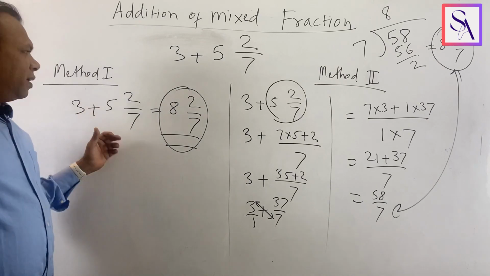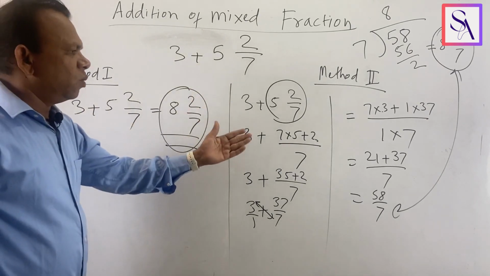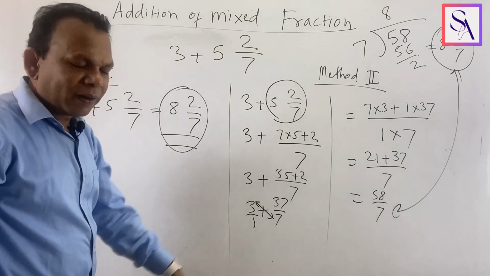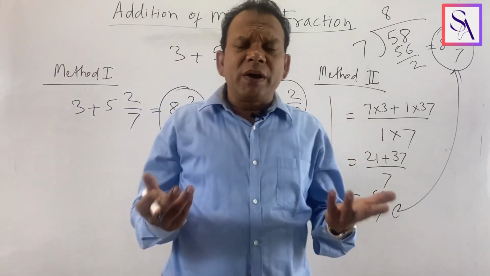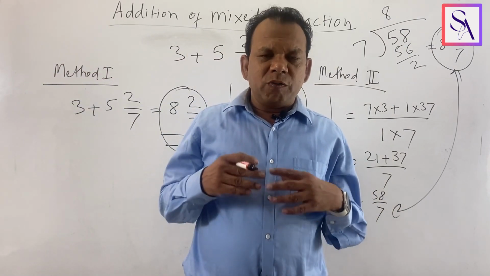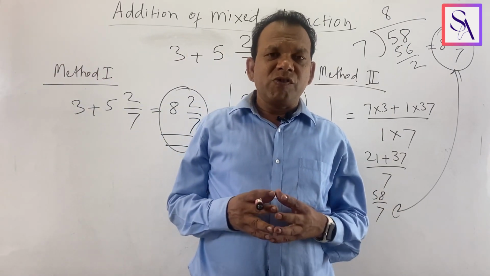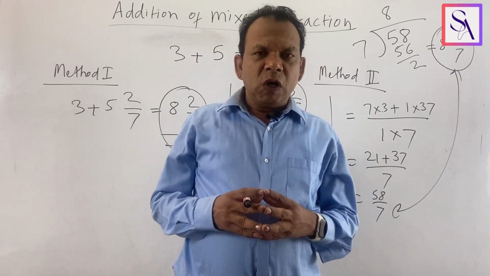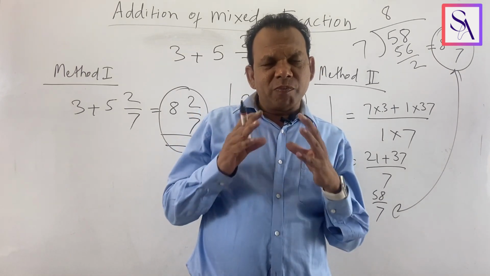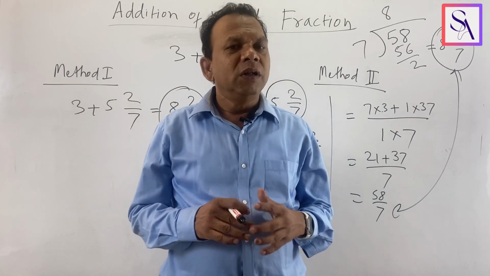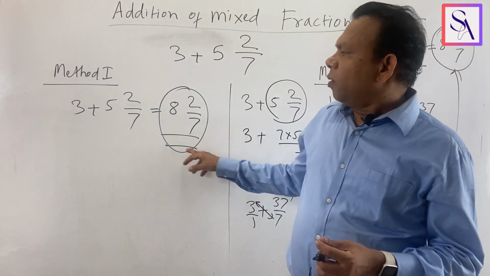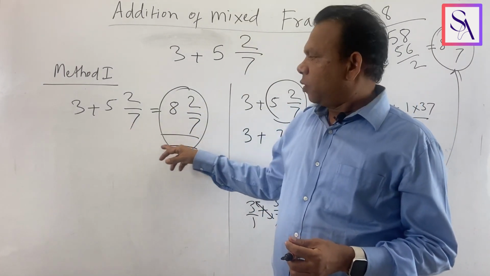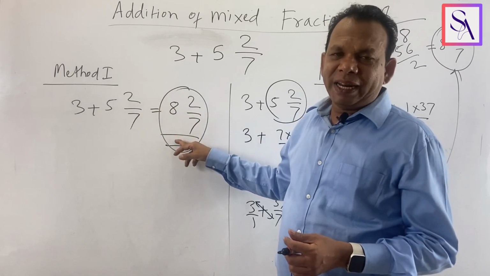So by method 1 it is very simple, by method 2 it becomes a little bit lengthier. So when are you going to use method 1 and when are you going to use method 2? That is the question in front of you, right? So you should become smart. How? Addition you can do by method 1, right? Because this method 1 is not applicable in subtraction.